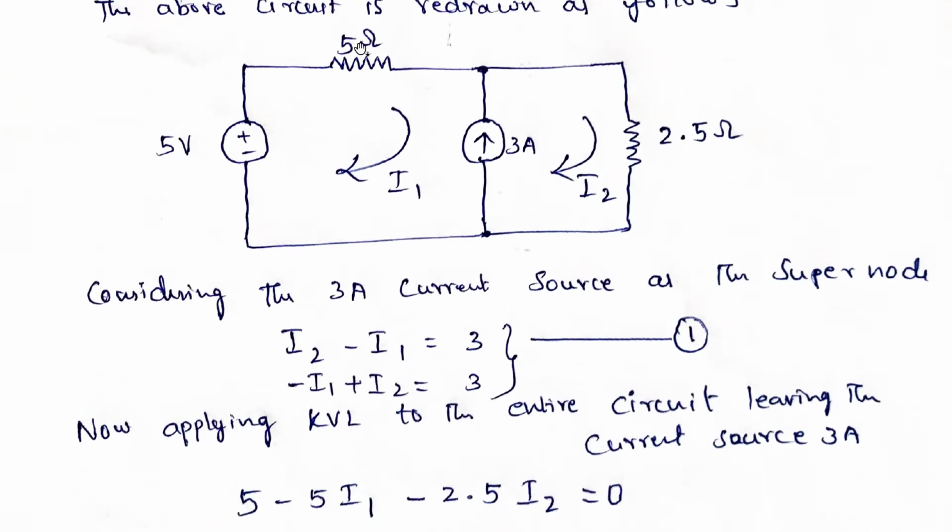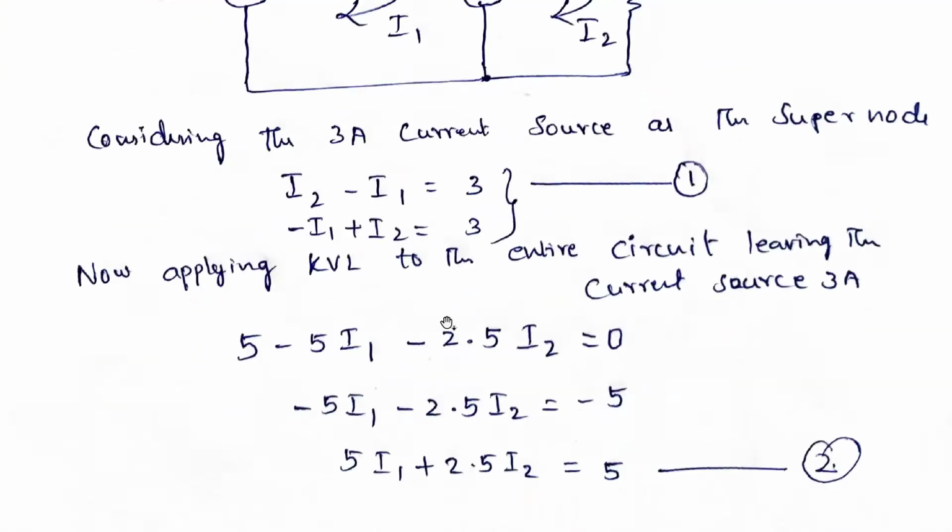So 5 minus 5 I1, then minus 2.5 I2 is equal to 0. After simplifying we get minus 5 I1 minus 2.5 I2 is equal to minus 5. So we can write it as 5 I1 plus 2.5 I2 is equal to 5.